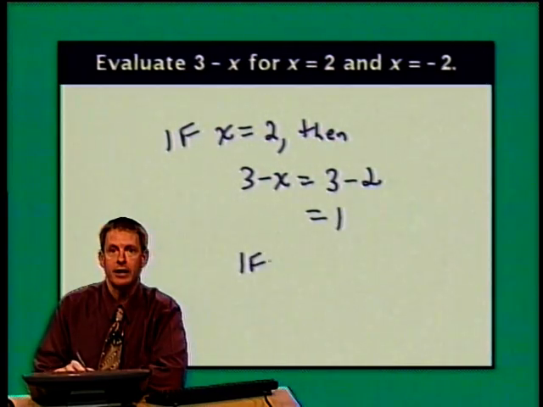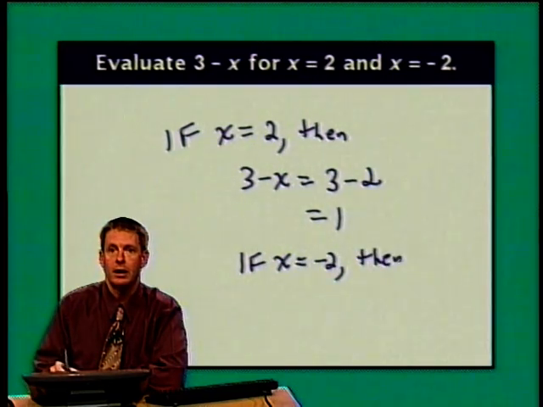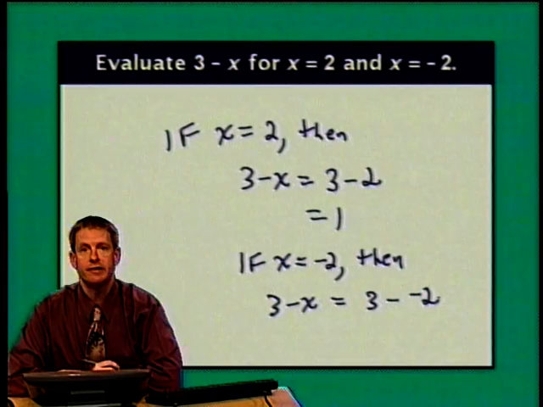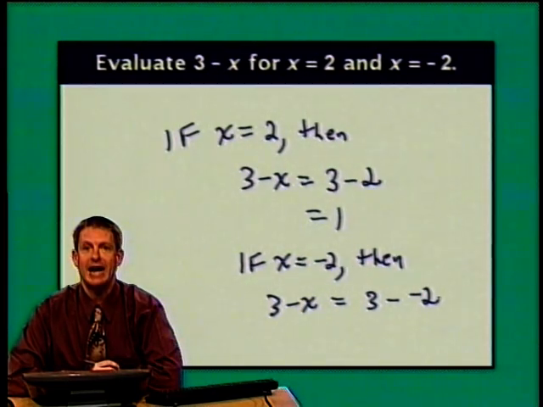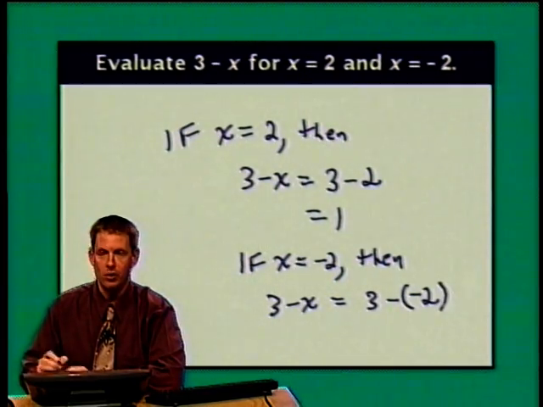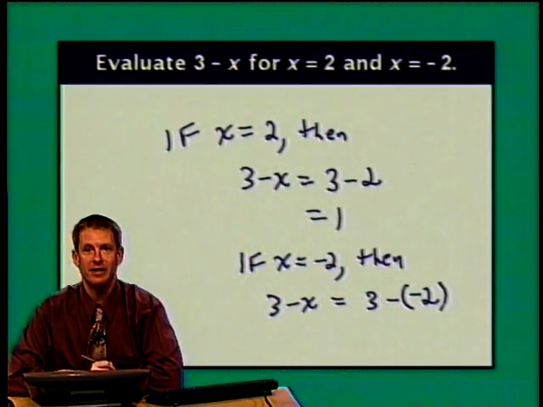On the other hand, if x is negative 2, then the expression 3 minus x is 3 minus negative 2. It's customary when subtracting a negative number to write the number inside parentheses. So this time, I am going to put parentheses around the negative 2.